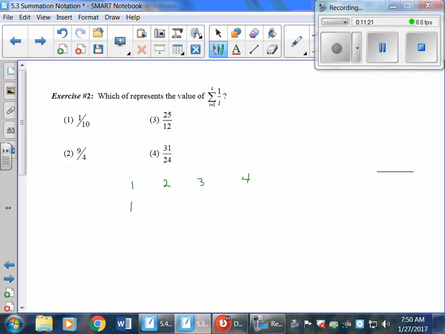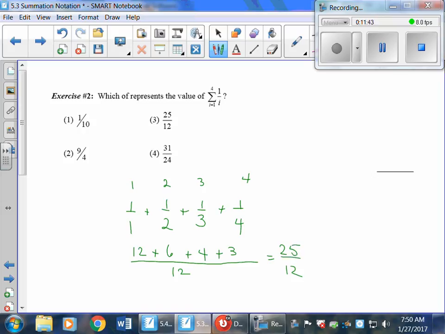So this is going to be 1 over 1, 1 over 2, 1 over 3, 1 over 4. If you did it by hand, looking for my common denominator is 12, gives me 12 plus 6 plus 4 plus 3, which is 25 over 12. And voila, there is my answer.